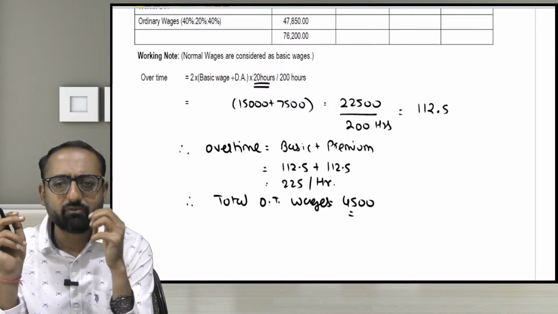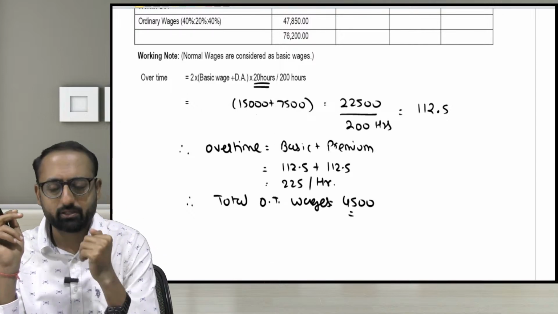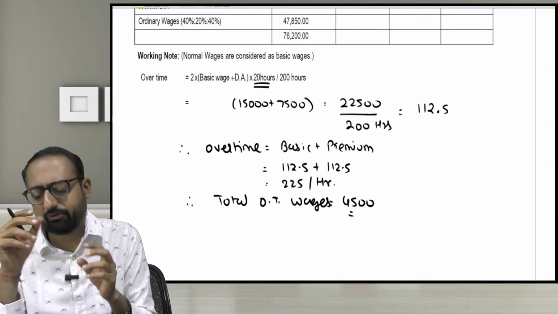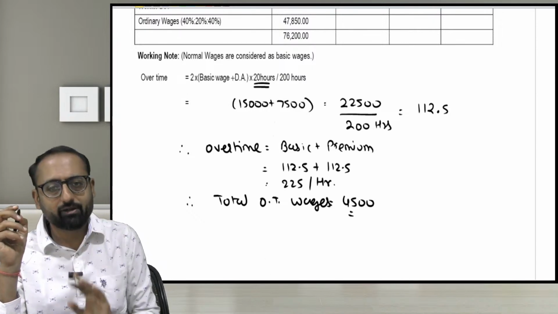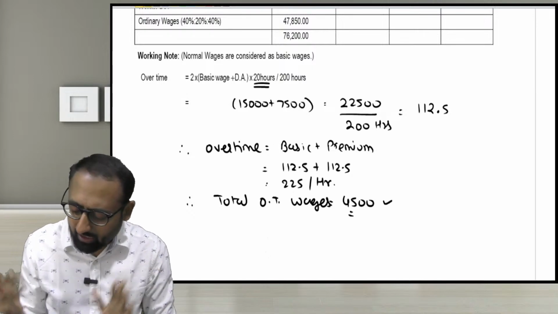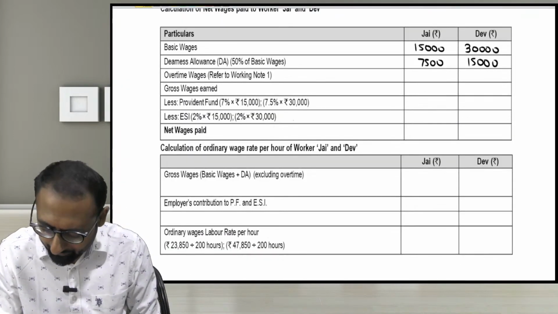So normal basic wage rate per hour is 112.5. Under overtime you will get double the normal rate, means basic 112.5, premium also 112.5. So total per hour 225. Overtime is worked for 20 hours, so 4,500 will be your overtime wages. I'll write that 4,500 here.